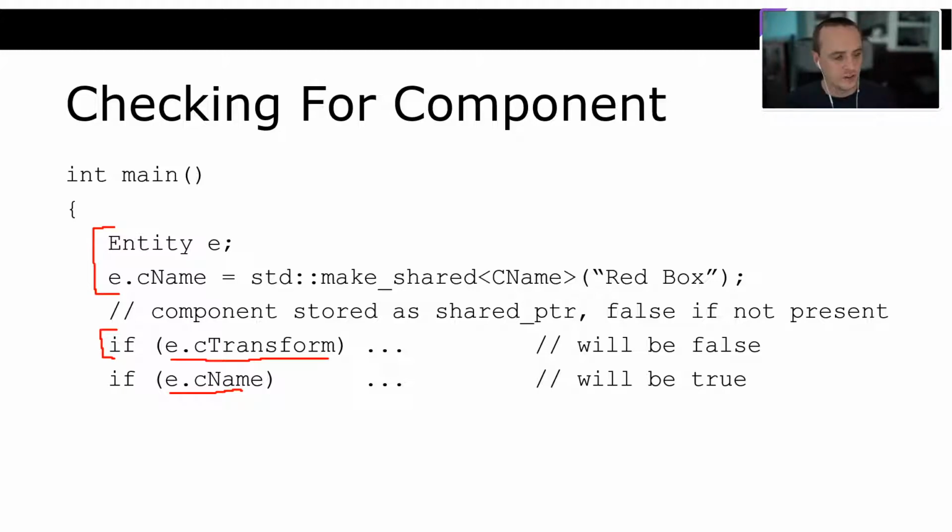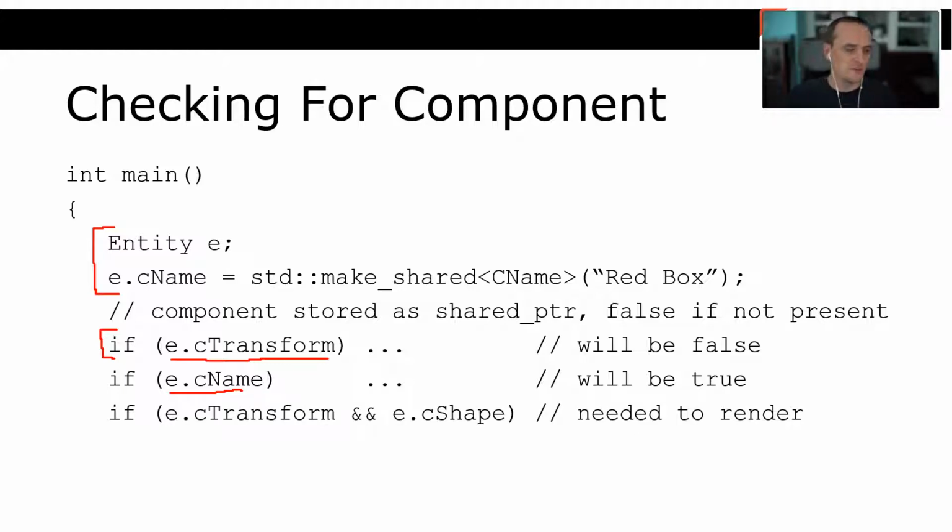So, for example, in our rendering system, if I want to filter out entities to be rendered, all I have to do is iterate through all the entities, and then I can say, okay, well, if the entity has a transform and it has a shape, then render it, right? But if it doesn't have both of those things, then it won't be rendered. So that's how I can do this. This is how I check for components. And this is exactly what you'll be doing in assignment 2.